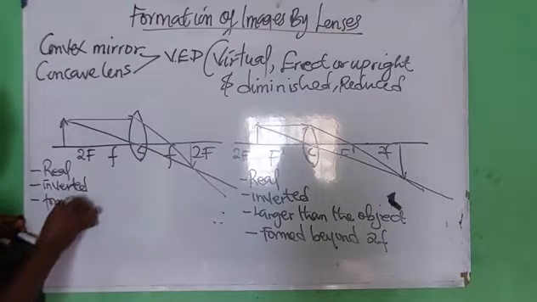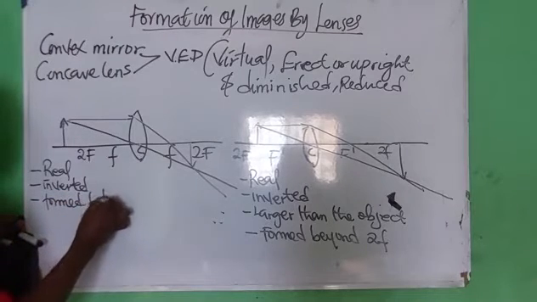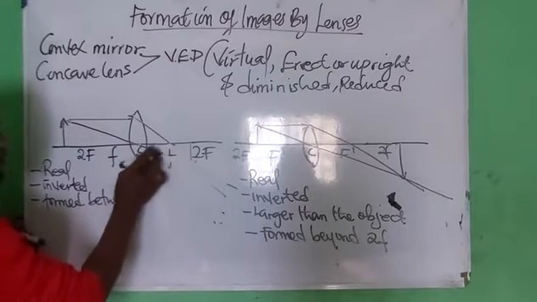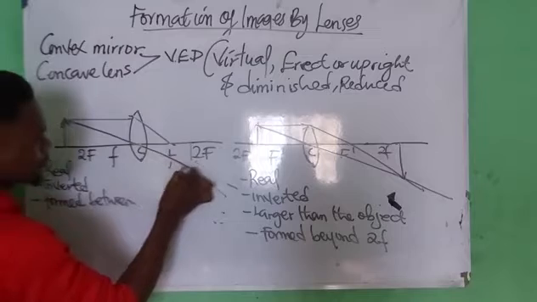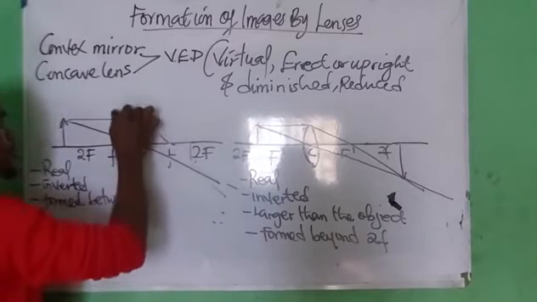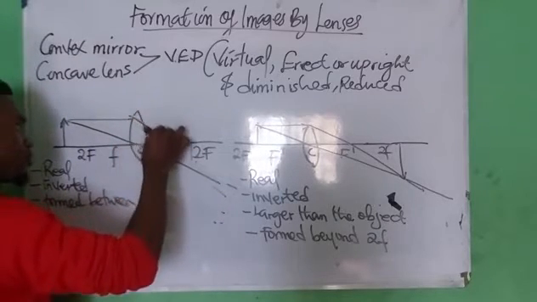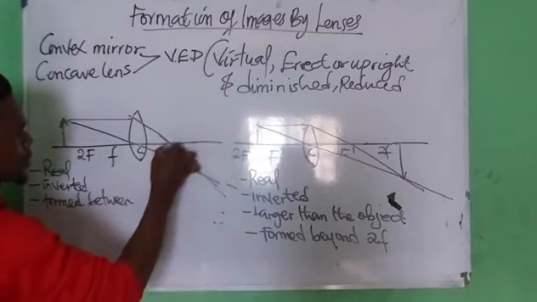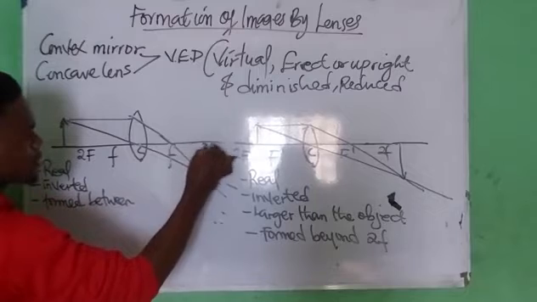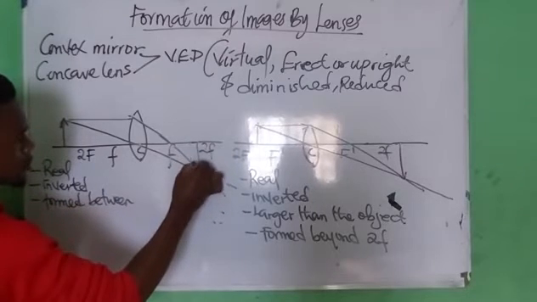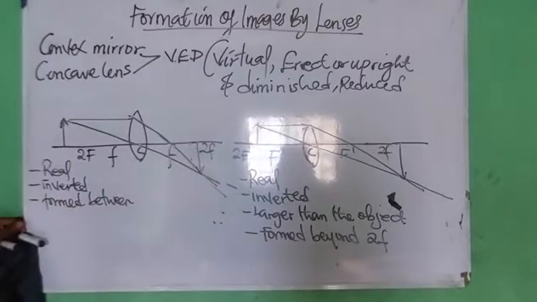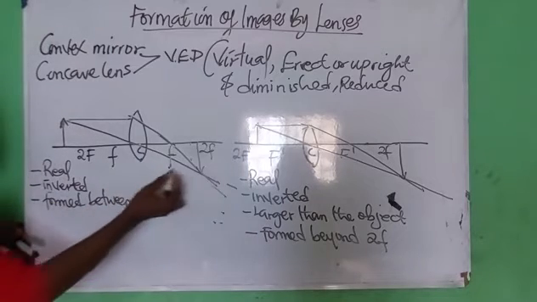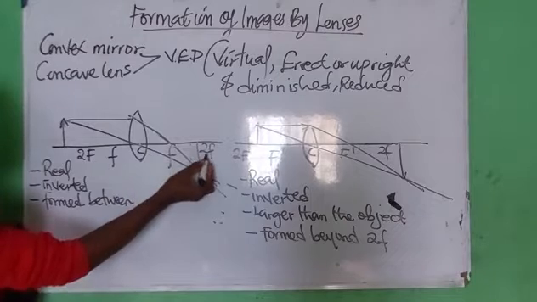Formed between f and 2f. That's why if you use your rule, you have a better value. If you use your rule, you have what? A better illustration. Here I'm using my bare hand. So the image is formed between f and 2f.